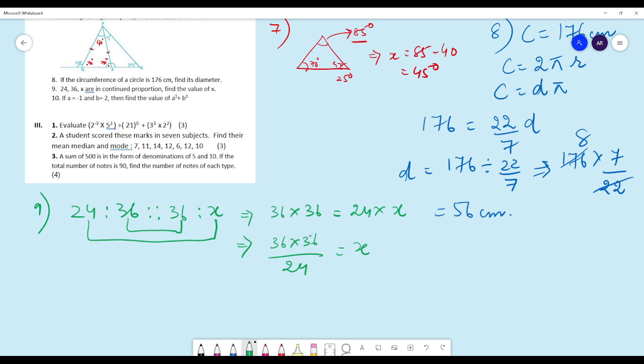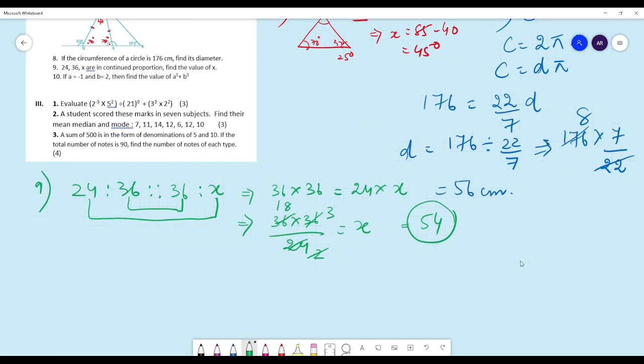You know the tables of 12. So 12 3s are 36, 12 2s are 24, and here you can find out 2 18s are 36, so 18 3s is equal to 54. So the required number is 54 over here. Now let us move on to question number 10.